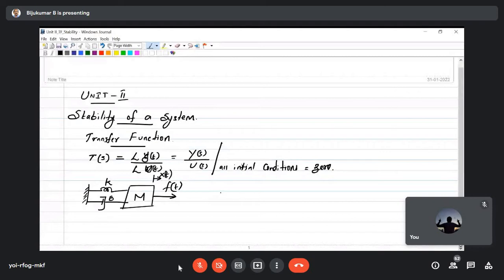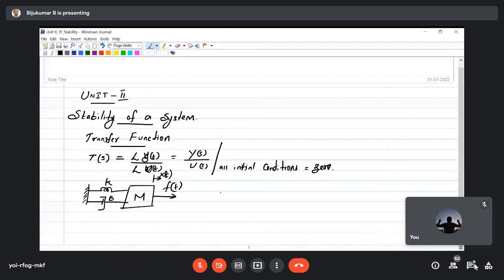In general, we can write the given equation of an nth order LTI system.